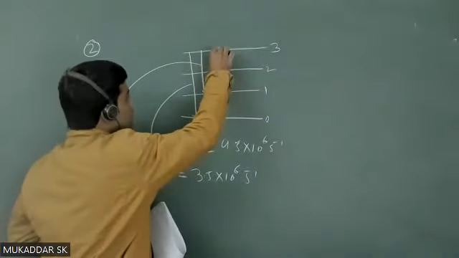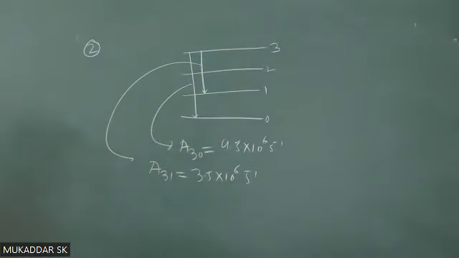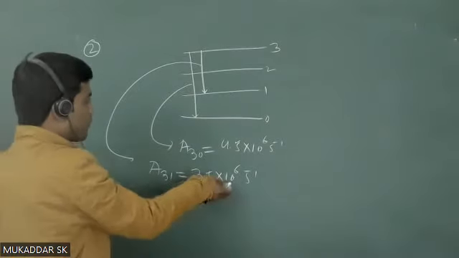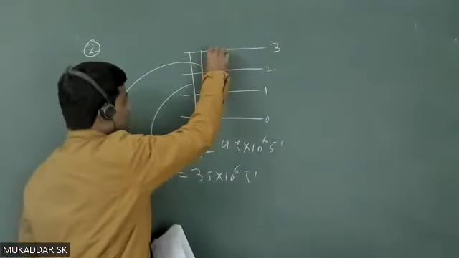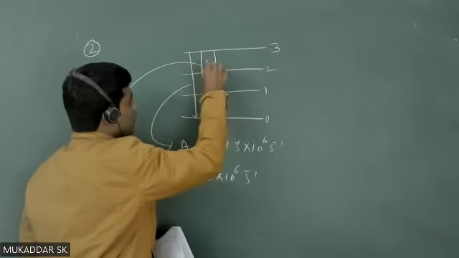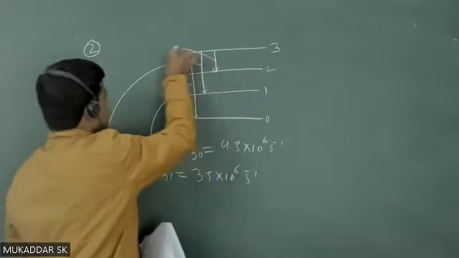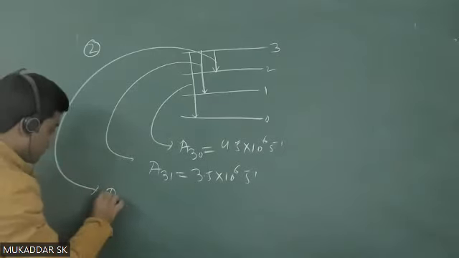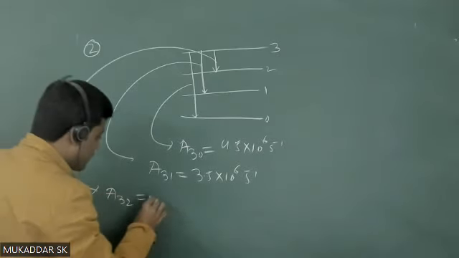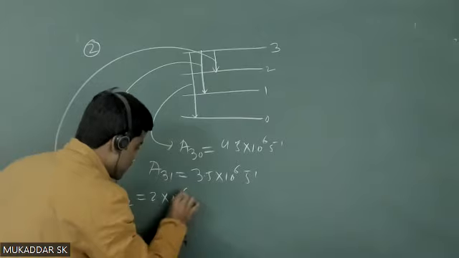Sir, is A30 4.3 or 4.5? 4.5. Okay, sir. 4.5, then 3.5. Now when it is jumping from 3 to 2 by a spontaneous process, the probability is A32, and that is 2 into 10 to the power 6 second inverse.